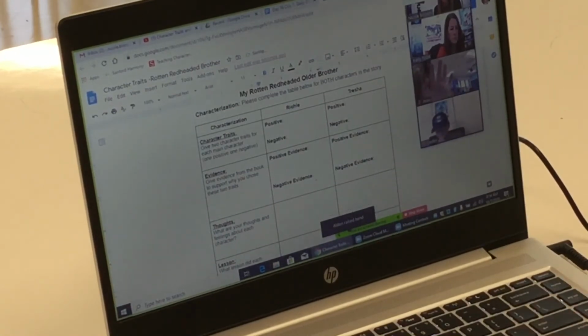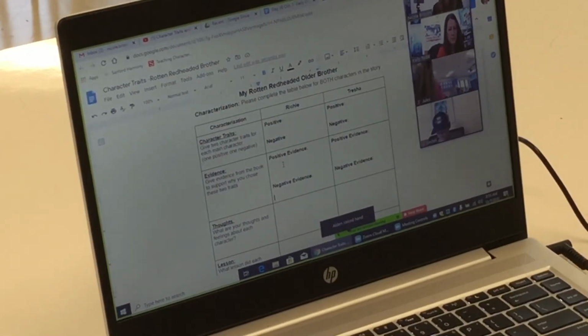Sorry, I'm kind of adjusting that. So you have to tell something that they did in the book which supports why you said that Richie is nice. What's something he did in the book that shows that he is nice? Has to be from the book, not from your head. This is evidence from the text. Okay? All right.